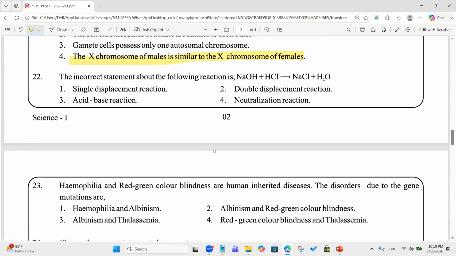Risit, number 22. The incorrect statement about the following reaction, NaOH plus HCl arrow NaCl plus H2O, is answer number 2: it's a double displacement reaction. Is it incorrect?